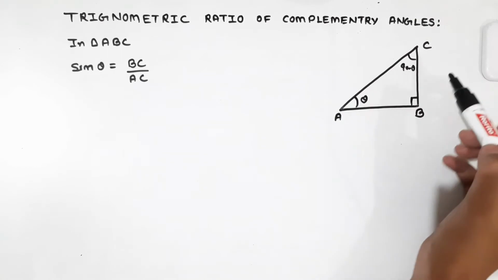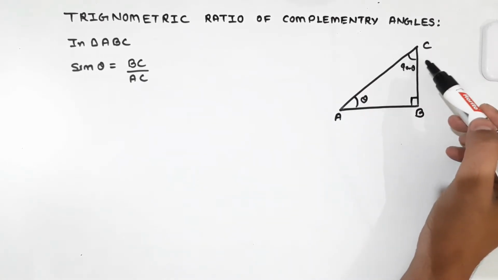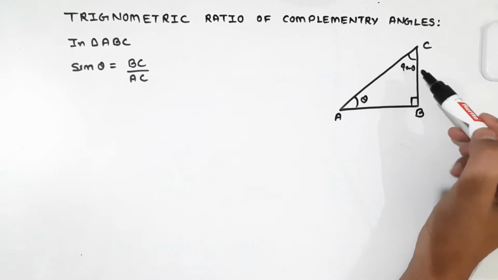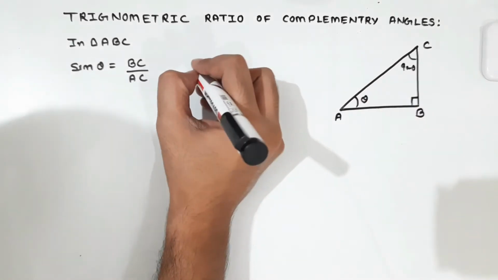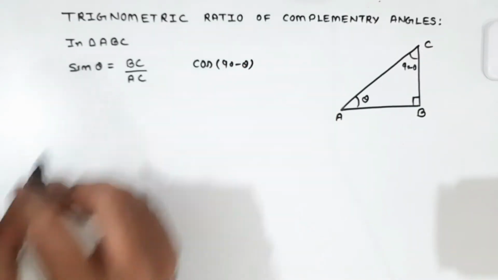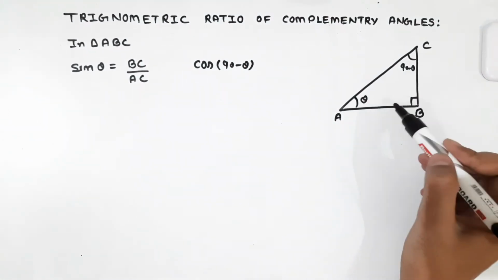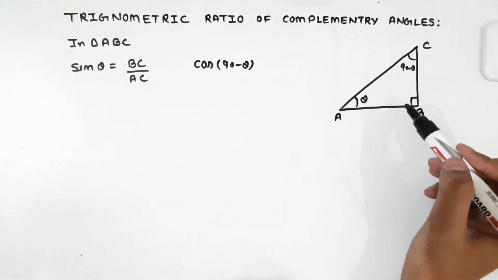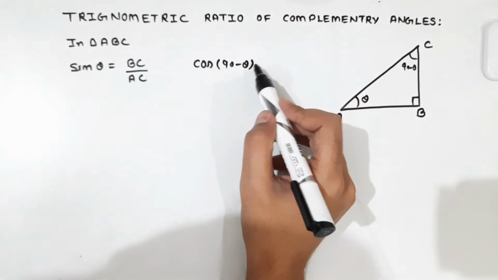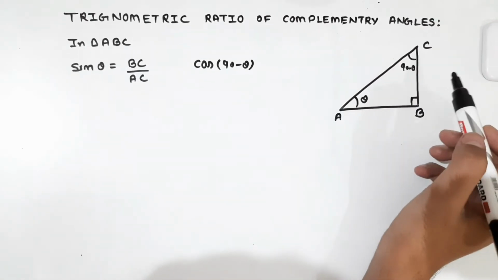If I talk with respect to angle C, that is 90 minus theta, the value of cos 90 minus theta will be base upon hypotenuse.